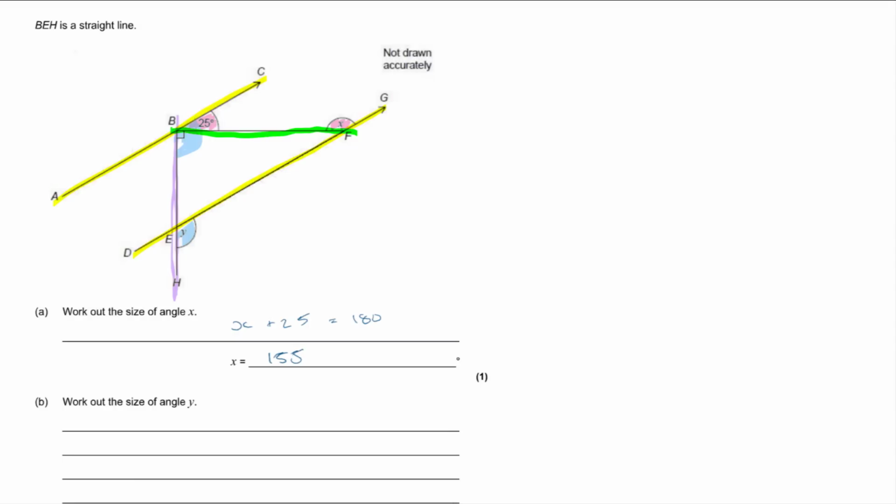They're corresponding angles. So I can say that Y must be equal to 25 plus 90 because they correspond to that big angle there, those two things combined together. So 25 and 90 make 115. So Y must be equal to 115 degrees in this case.